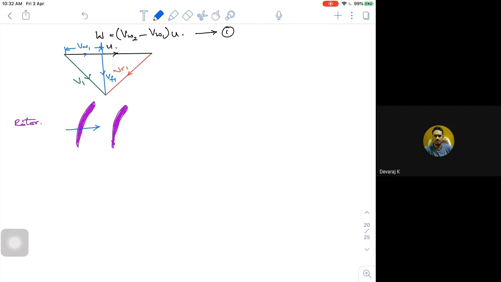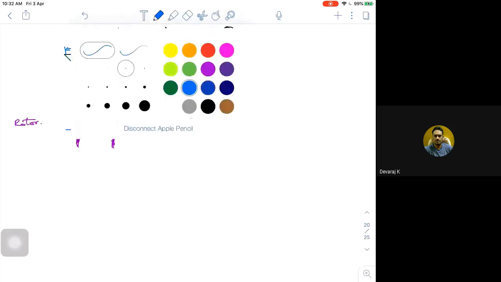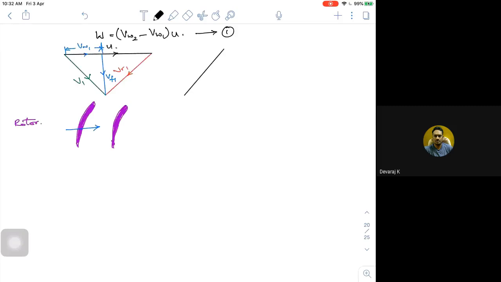In some textbooks, they can show the same velocity triangle like this, and that's also correct. What they do is show it here, taking U here, and this will be my VR1. They show V1 here, and they show U here.